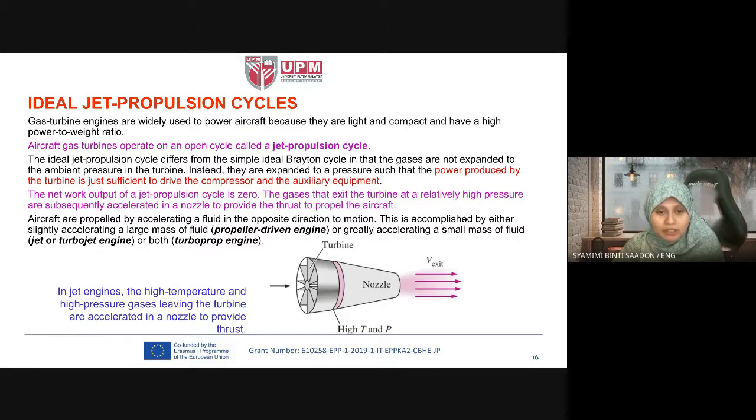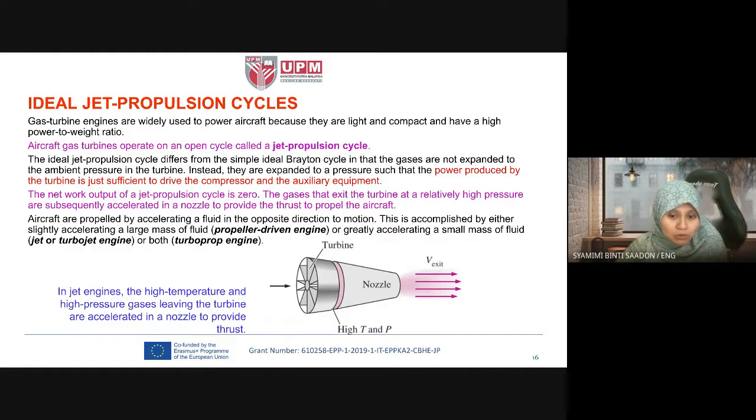But for jet propulsion, even though we use the same Brayton cycle, the objective is not to produce work output. The objective is to provide thrust so that the aircraft can be propelled, accelerating the gas in a nozzle. That's why we focus more on the thrust power produced.